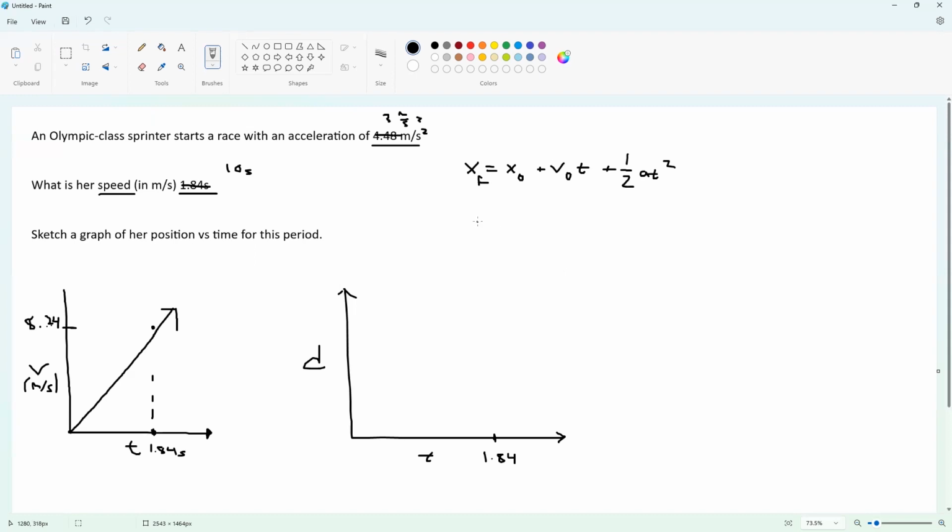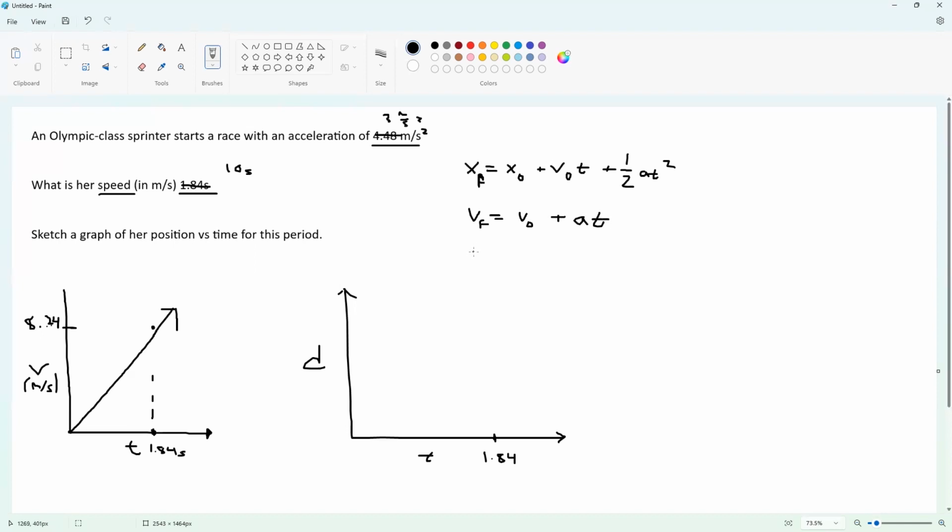Hit me with another kinematic equation. Is acceleration one of them? Just whatever you have written down. v equals v naught plus acceleration times time.